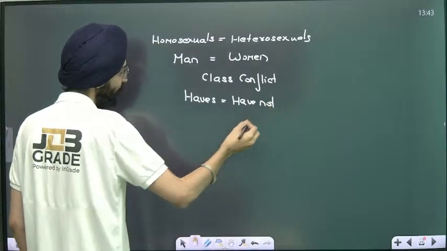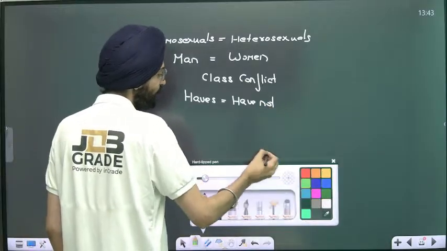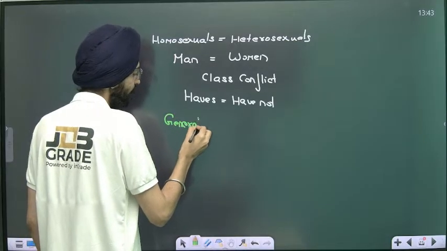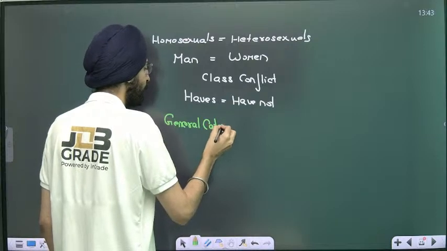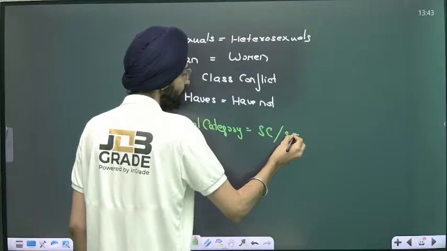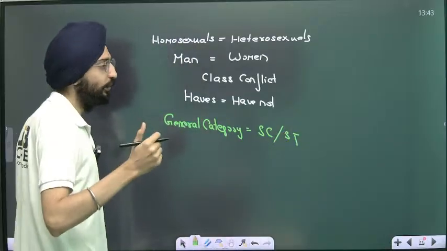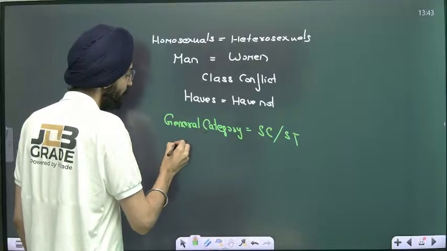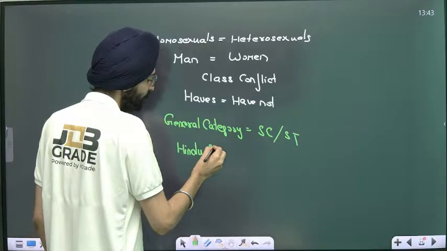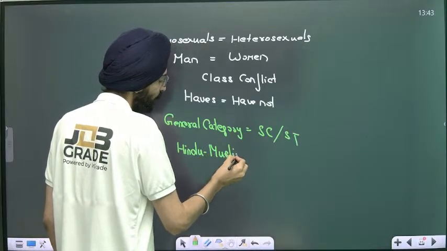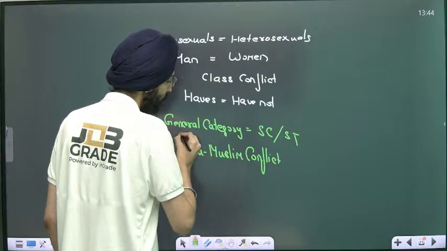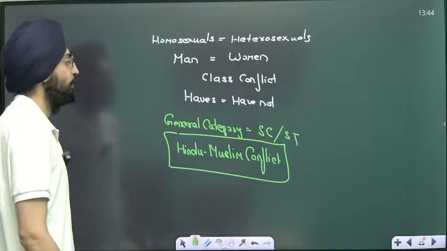There has been a conflict between the general category and scheduled caste and scheduled tribe. There has been a recent uprise of what we call Hindu-Muslim conflict.